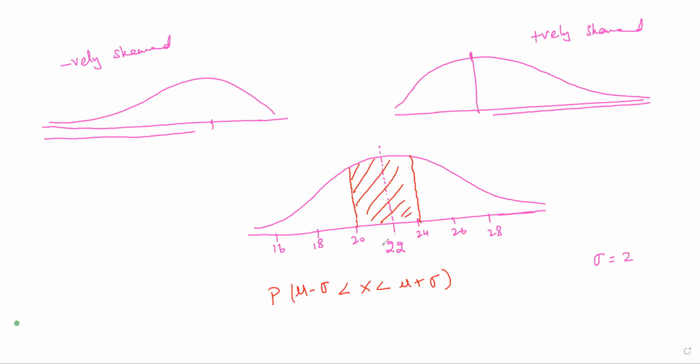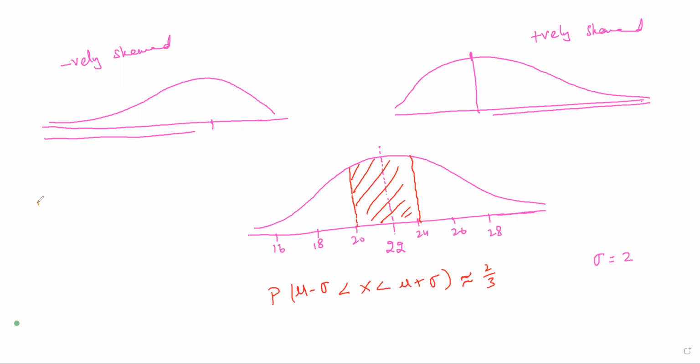So 22 minus 2 is 20 and 22 plus 2 is 24. That is approximately equal to 2 by 3. So if my class marks are normally distributed, then two-thirds of the class will have marks between 20 and 24.